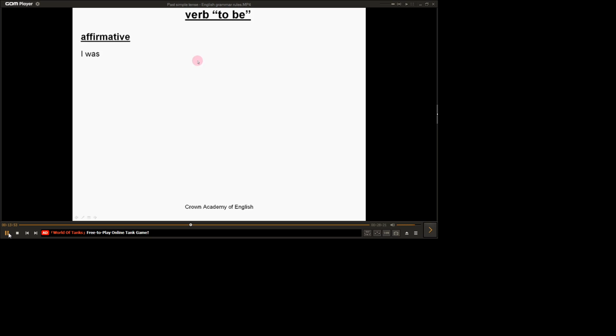So we can see, for the first time, the verb to be is the only verb where the form is different for each subject. Example. So we say I was and he was, and all the others we say were.